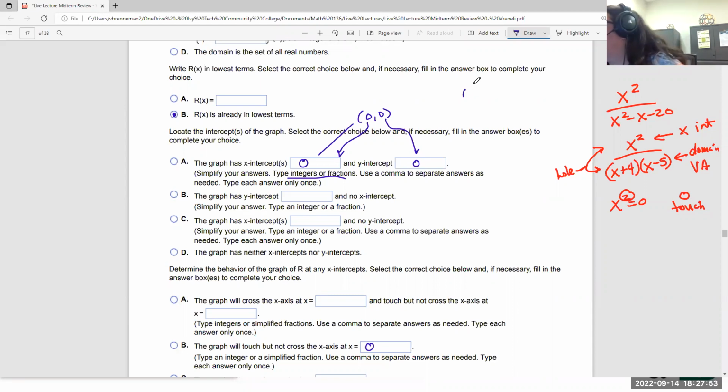So 0 squared on top, whatever happens on the bottom doesn't matter. Well, if it was 0 on the top and the bottom, it would matter, but then it would cancel. So if it's 0 on top and that's all there is, then it comes out 0. So that's the x and the y-intercept.